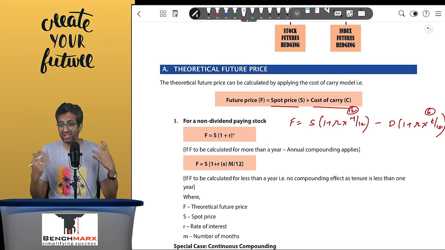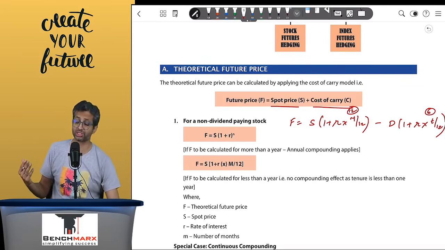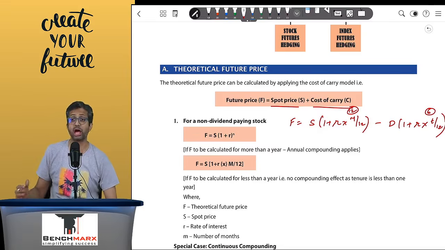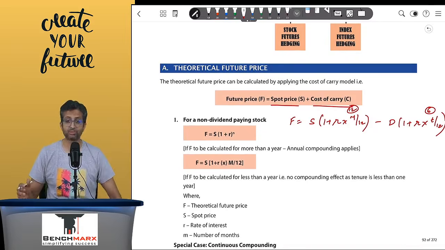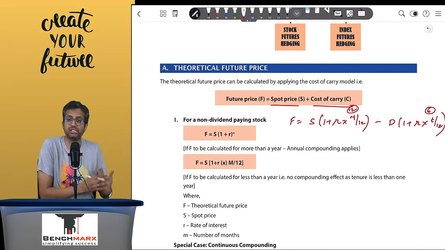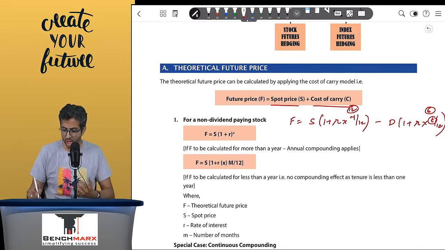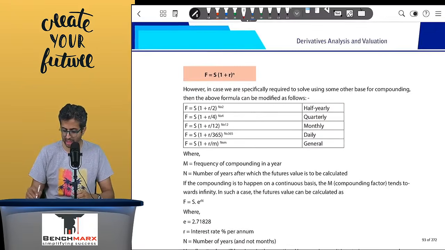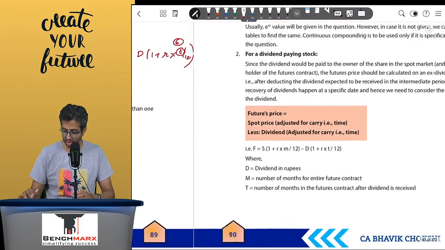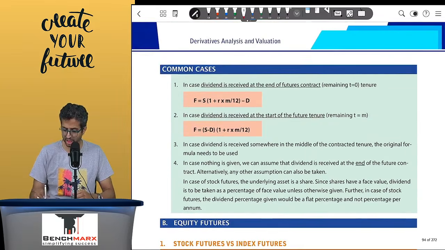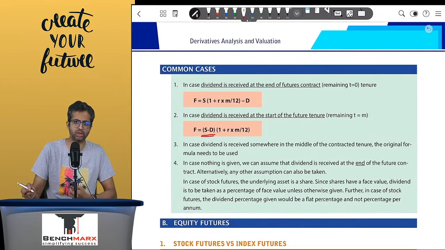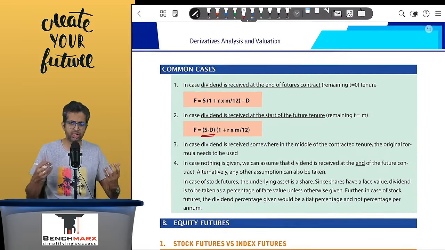Now, there may be different formulas that institutes use at different places, and students sometimes get confused that there are different formulas. Ideally, it is just a variation of the same formula. Sometimes the dividend is received initially, upfront, in which case this T is equal to M, and hence what the institute sometimes does is directly use the formula F is equal to (S minus D) into (1 plus R), because the dividend is received immediately, so even that will have a 12-month adjustment, just like the spot price.